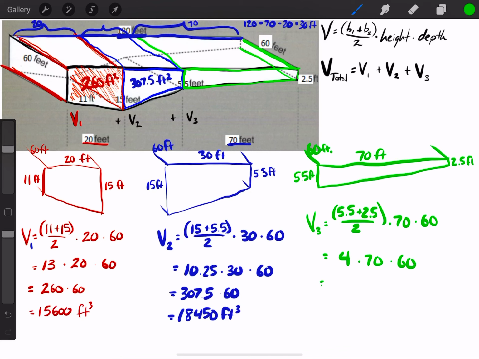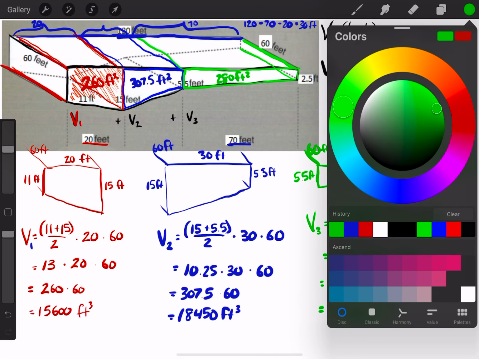If we multiply those first two numbers together, we get a surface area of 280, times 60. Then we can multiply those two together for a final volume of 16,800 feet squared. Or, sorry, cubic feet.